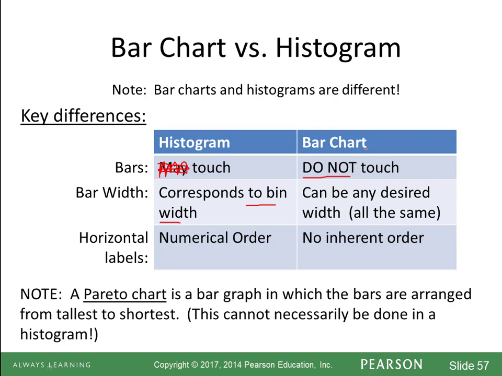Now, our bar width can be any width we want, but they all need to be the same. And our horizontal labels in a histogram are numerical. In a bar chart, we can put them in any order we want to. Now, a Pareto chart is a special kind of bar graph where the bars are arranged from tallest to shortest. You can't rearrange the bars in a histogram.